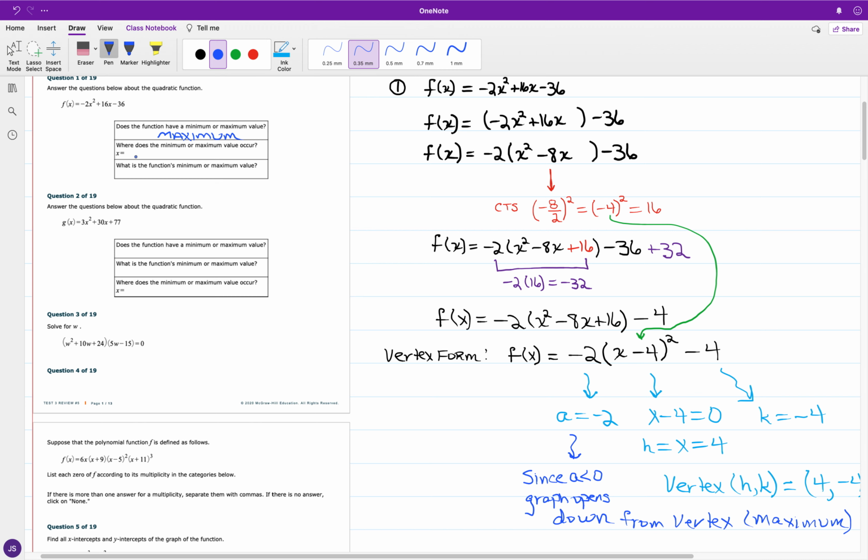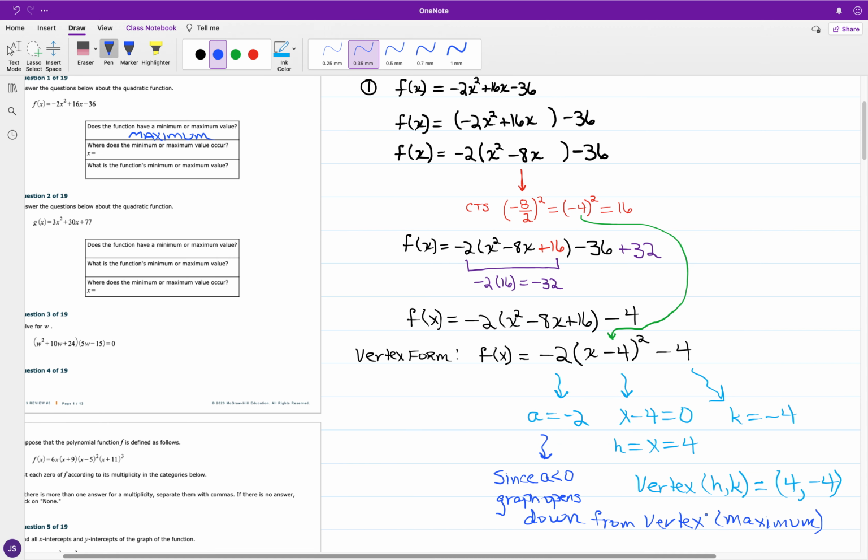And it's asking where does the minimum or maximum value occur. So you have your x value, and that's going to be your h value from the vertex. So I'm just going to add in a little bit of detail here: x is equal to h, and that is equal to 4. And what is the function's minimum or maximum value? That's going to be your corresponding y value, or in this case your k value.